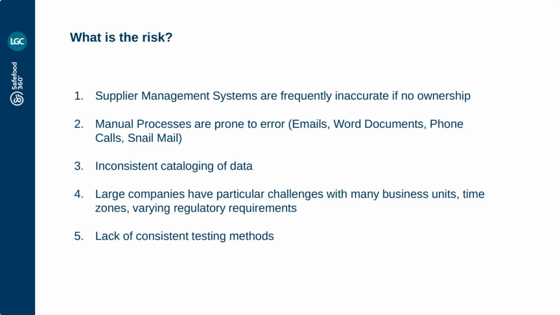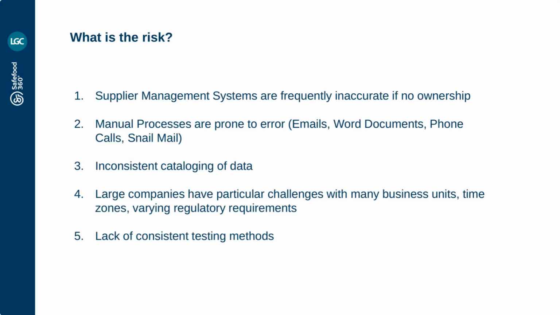Manual processes are prone to error. Again, your simple emails, just simply making the phone calls and what have you, and obtaining those documents. There is an opportunity for human error when we're not utilizing technology to ensure things are done consistently every time.